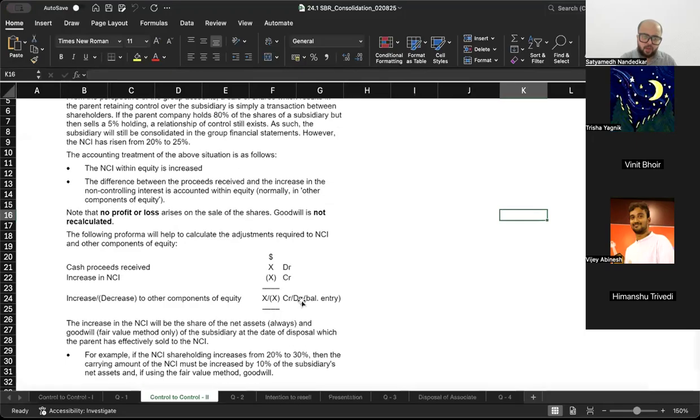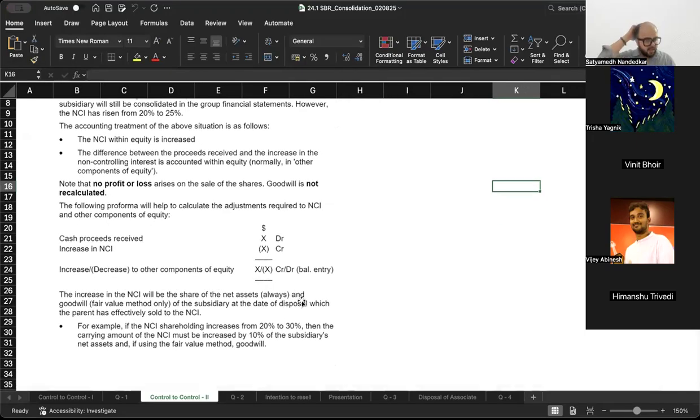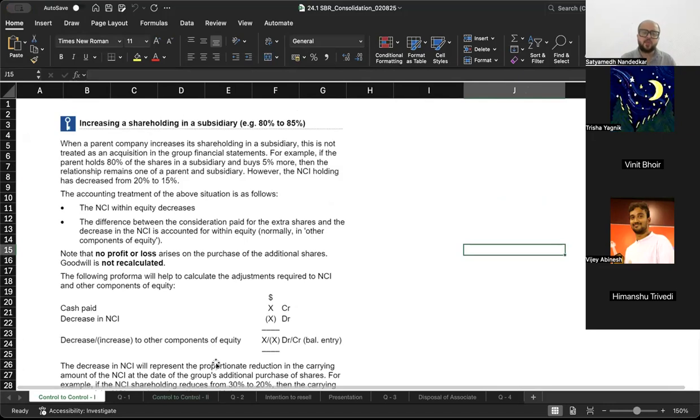What you have to do in a control to control scenario is compare the cash proceeds received and calculate the change in the overall NCI value. Compare that with the cash proceeds received. Whatever difference is there, it gets routed through other components of equity. The same thing happens when you are increasing your stake in the subsidiary, say from 80% to 85%.